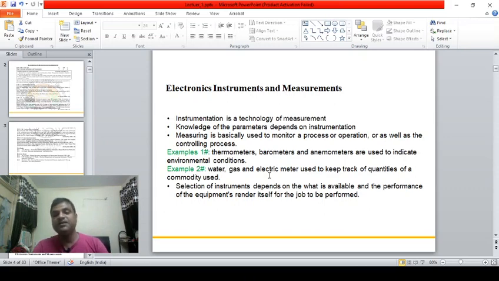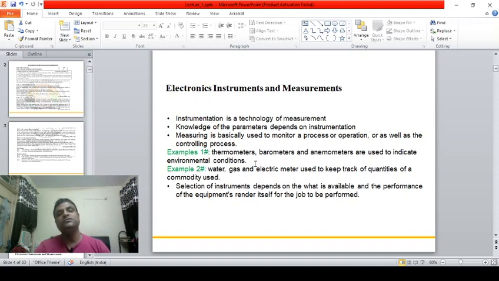Then we have to decide what application the thermometer is used for: measuring the temperature of a particular location, or the temperature of a body. So these are the basic introduction of what instrumentation is.